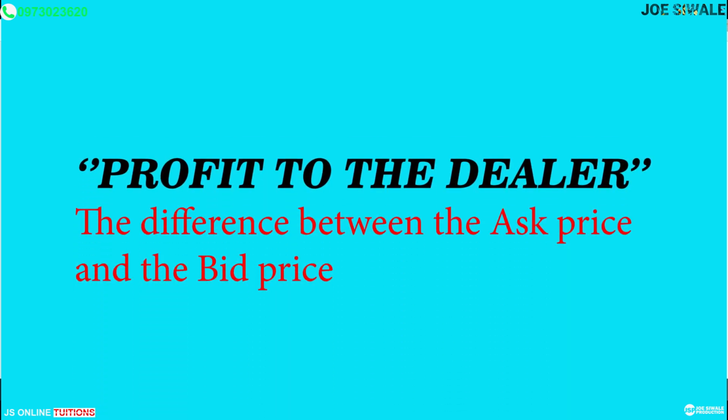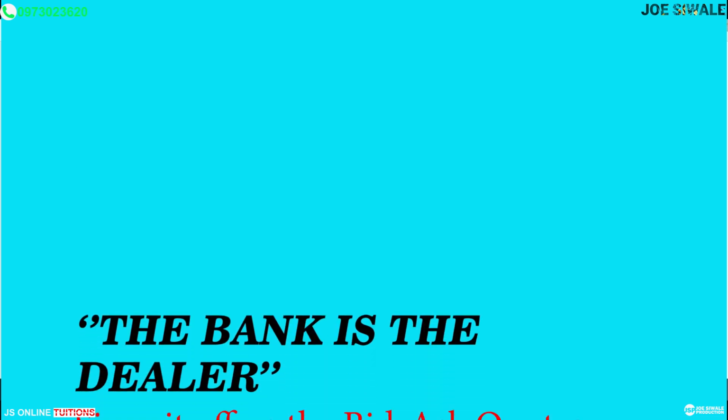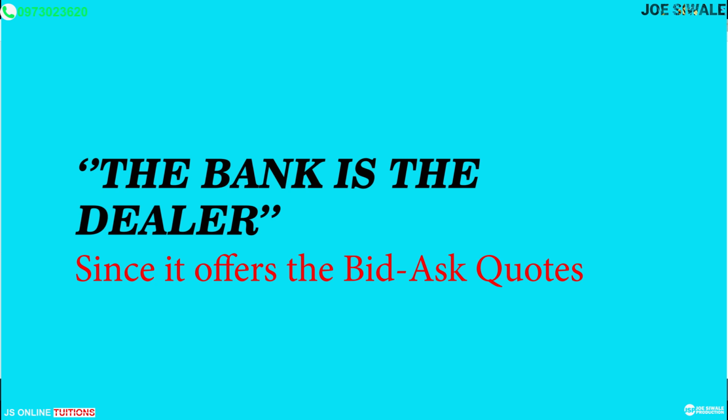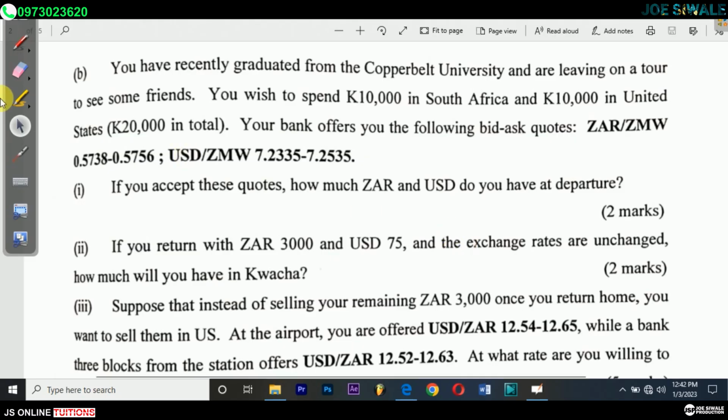The difference between the ask price and the bid price gives the profit to the dealer. It must also be known that from the question, the bank is the dealer since it offers the bid-ask quotes. So from the question, you can see your bank offers you the following bid-ask quotes, so our bank is our dealer.